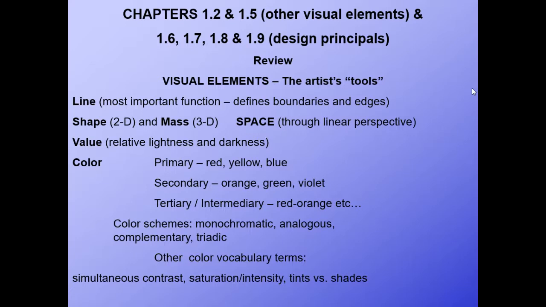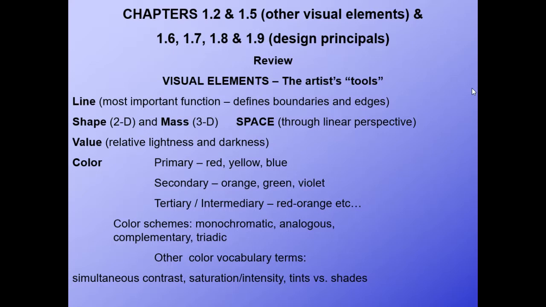The primaries constitute one color triad, the secondaries constitute a second triad, the tertiaries actually contain two triads for a total of 12 colors that we looked at in our analysis of the color wheel. We talked about color schemes, monochromatic being tints and shades of a single color, analogous color scheme being the use of colors that are side by side on the color wheel.